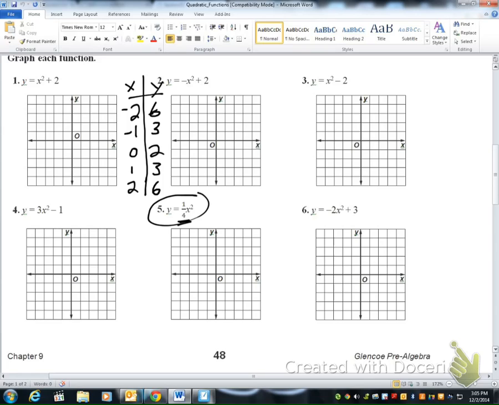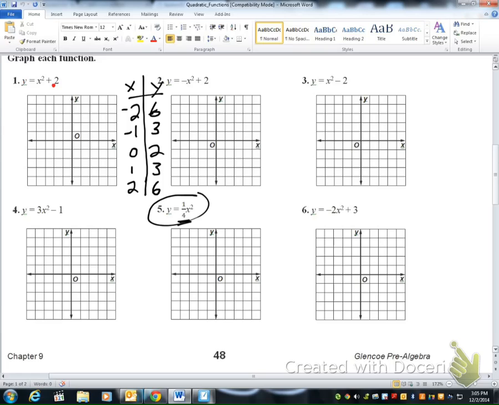Or you can just kind of sketch in a sixth one. I don't really care. In fact, we'll do that on this one. So I have negative 2, 6, so I'm going to go left 2 and up 6, which is going to put it roughly up there, kind of under where my 2 is.